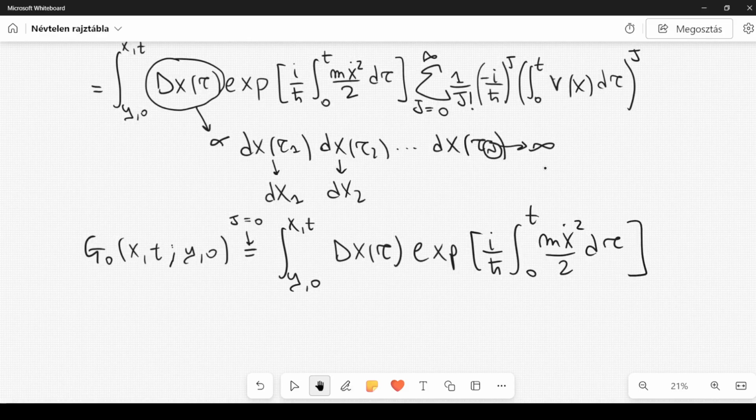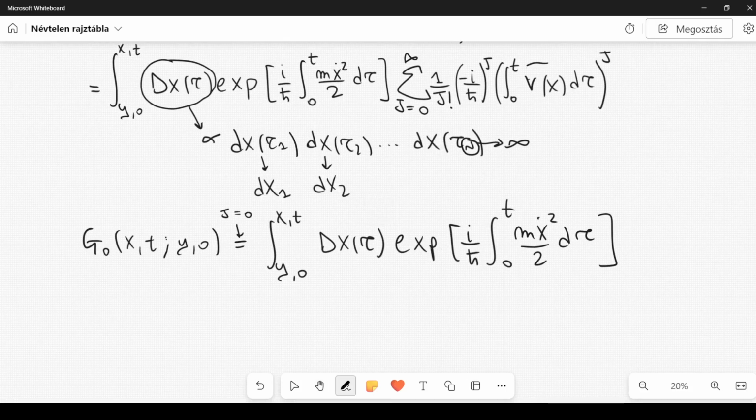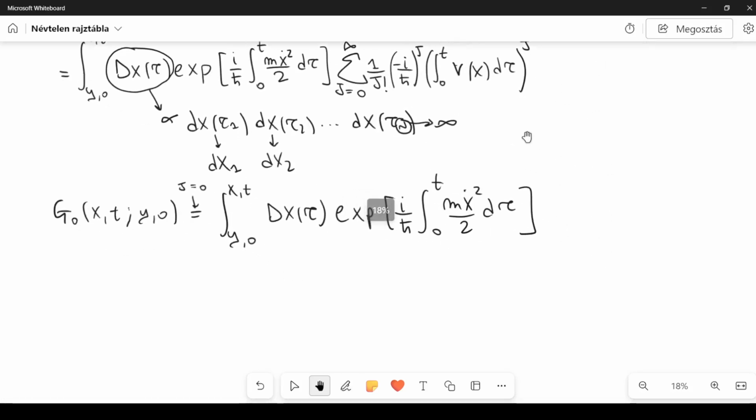Now it is possible to calculate this path integral because in this case we don't have the explicit dependence on the potential, and in order to do that we have to discretize the integral and we have to properly define the measure. In particular, when we discretize the integral, x dot will become the discrete version of the derivative.